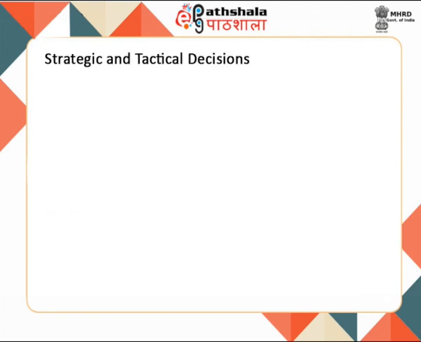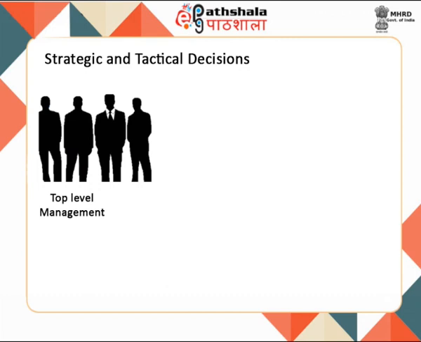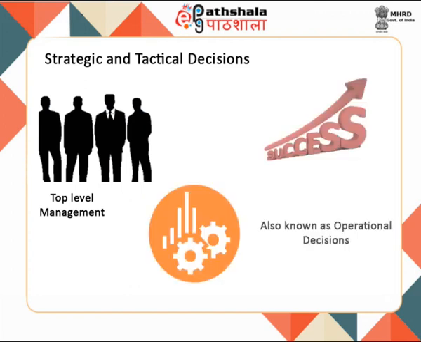Strategic and tactical decisions. Strategic decisions are made by top level management. These are critical to the survival and success of the organization. Tactical decisions, which are also known as operational decisions, are made for the implementation and success of strategic decisions.